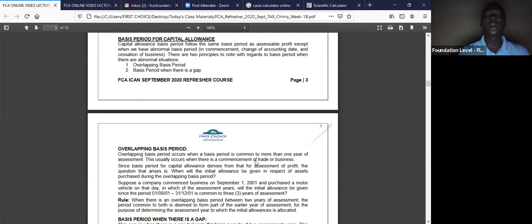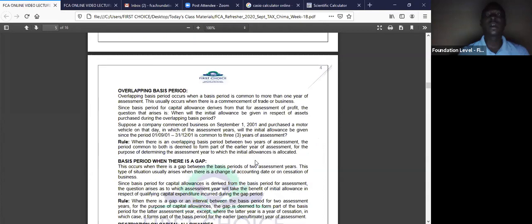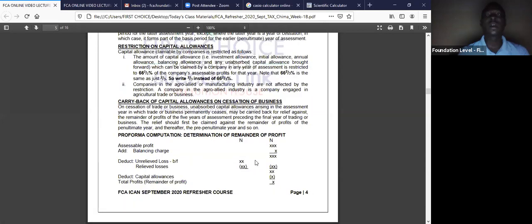Now, capital allowance is given priority by the tax office. So capital allowance is given major priority over loss or tax. So the government is saying that if you have an asset, you bought an asset to do your business, you must have spent so much.